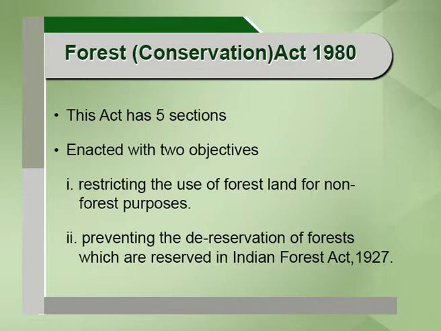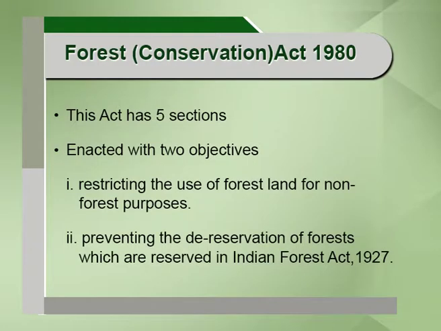The second objective of this act is preventing the de-reservation of forests which are reserved under the Indian Forest Act 1927. We have seen that in 1927 there were no proper guidelines or regular rules and regulations to conserve the entire forest, so here there is an improvement over 1927.